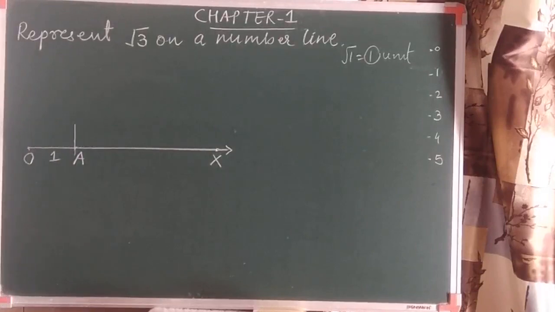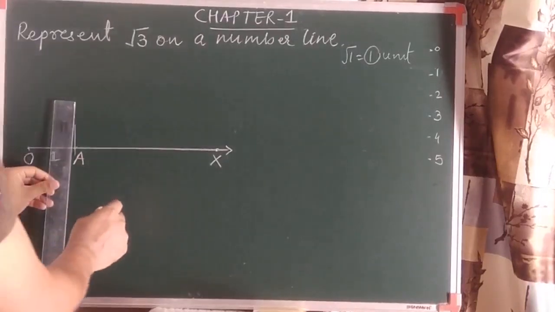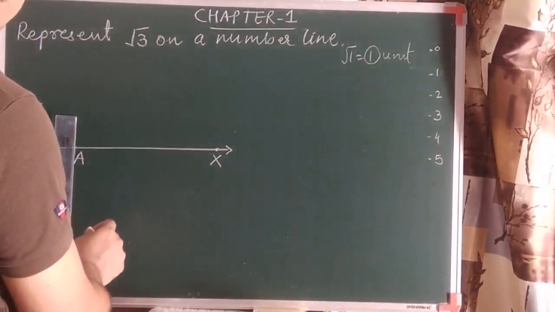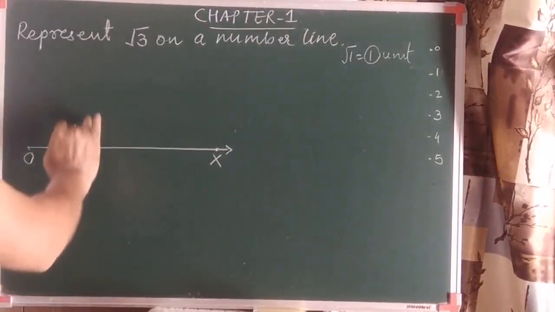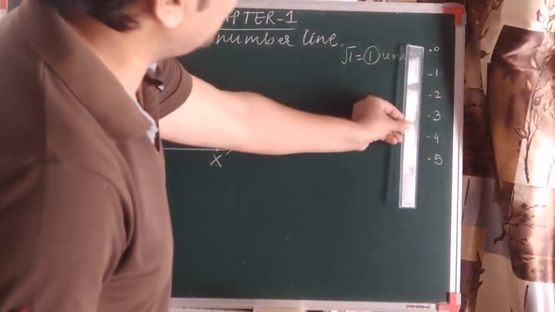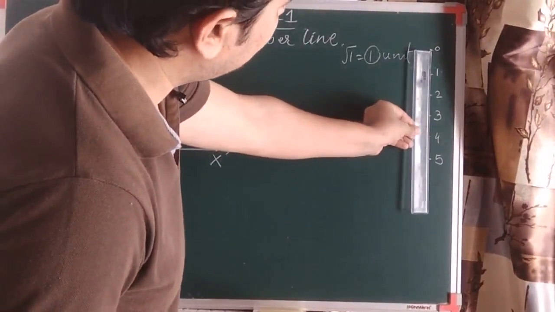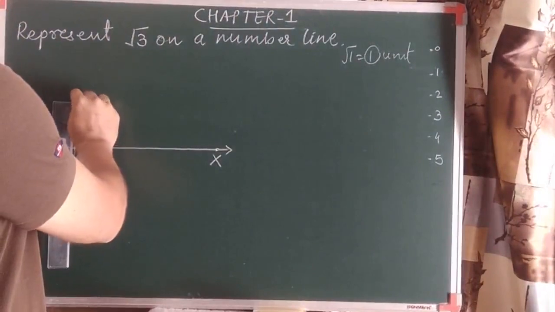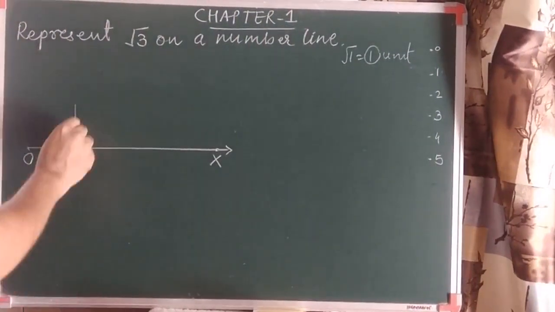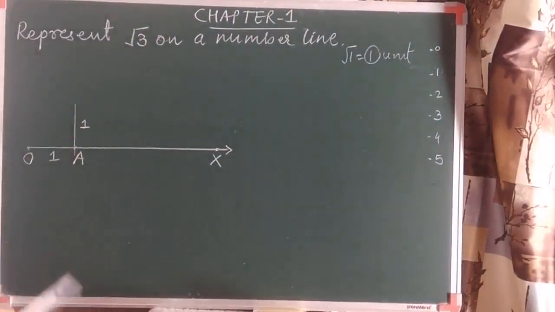It is of 1 unit. Yes, correct. It should be of the same measure. As it is 1 unit, we should take this as 1 unit. Let me see how much I have taken. Okay, great. This is again 1 unit.